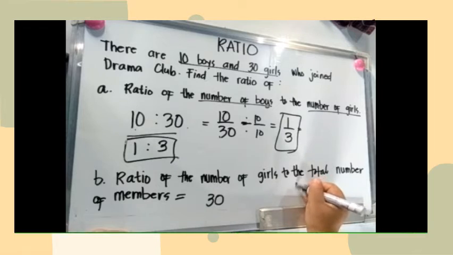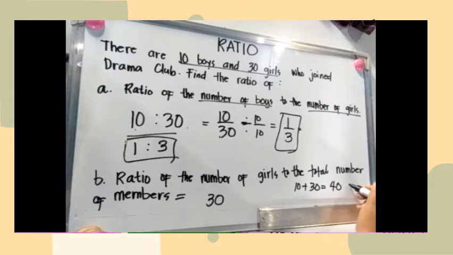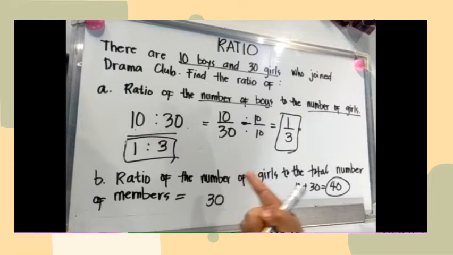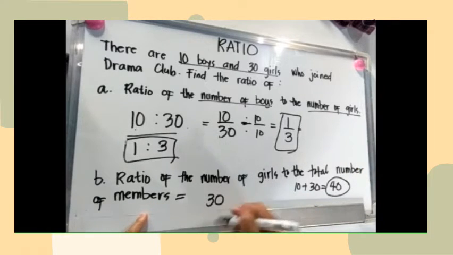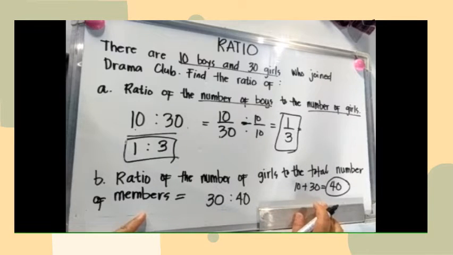We have 10 plus 30, 10 boys and 30 girls, which is 40. So there are 40 members in this club. The question is the ratio of the number of girls to the total number of members. So we have 30 is to 40. Teacher, where did 40, the total number of members, come from? 10 plus 30.